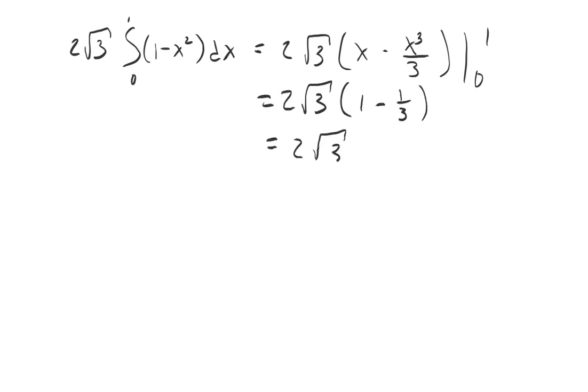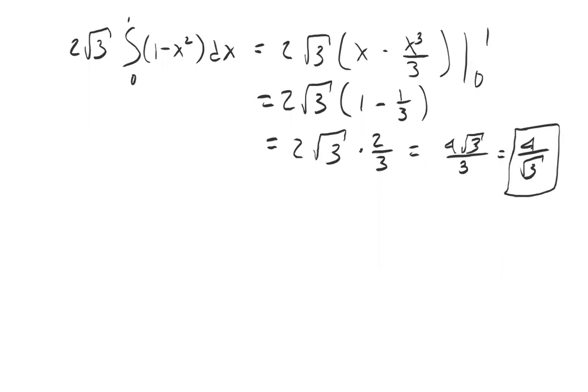This is 2 radical 3 times 2/3, which is 4 radical 3 over 3. And I guess I can cancel a factor of radical 3. I get 4 divided by radical 3. And that will be my final answer there.